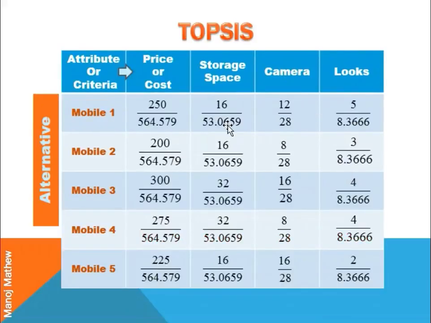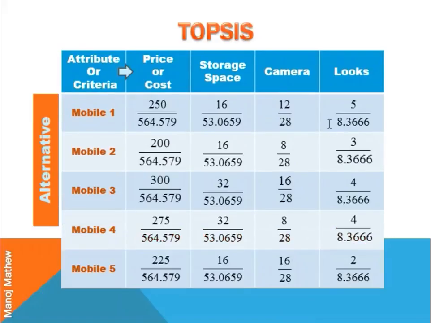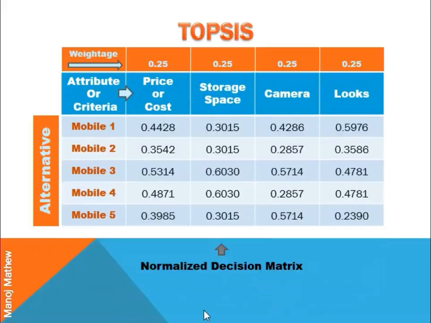Similarly, in the next cell, 16 is divided by 53.0659, 12 is divided by 29, 5 is divided by 8.3666. Similarly, we do it for all other cells. This is the normalized decision matrix. Now, the value in each cell is known as the normalized performance value.